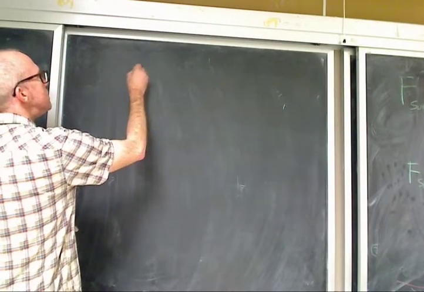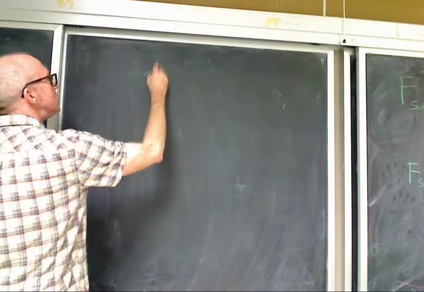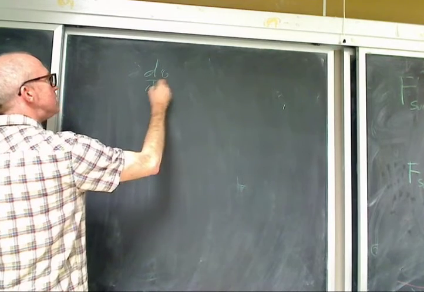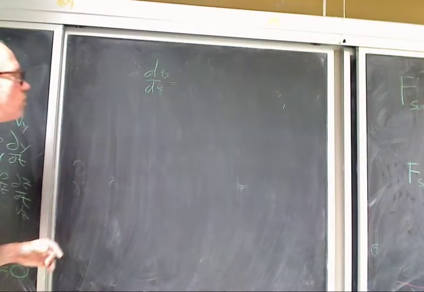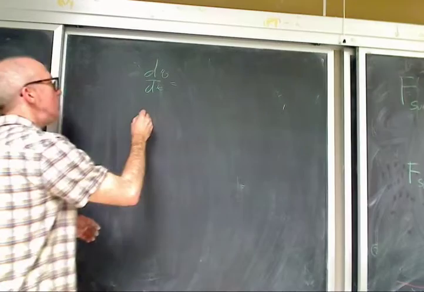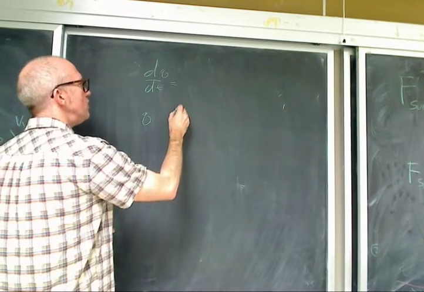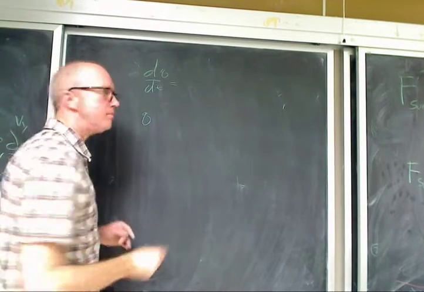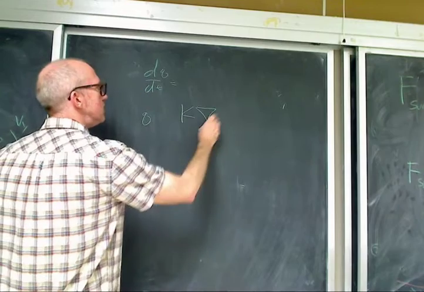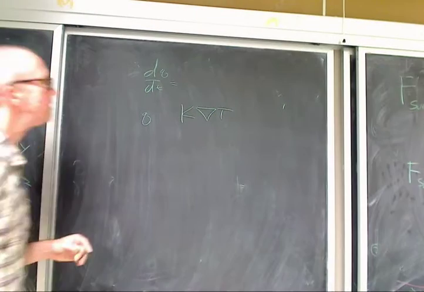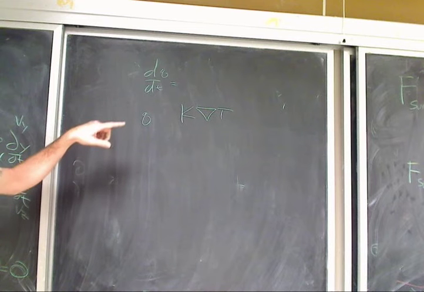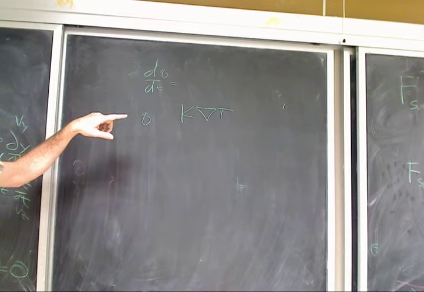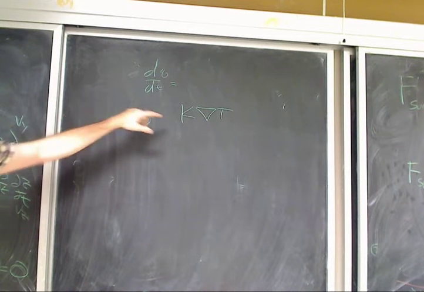So dq dt is what? Well, a little element of Q flows when there's a gradient in temperature, K grad T. Now, here's another short aside.